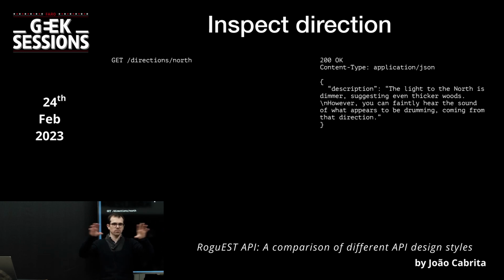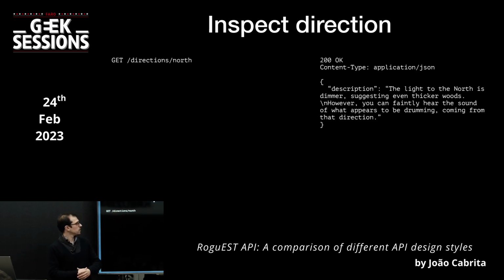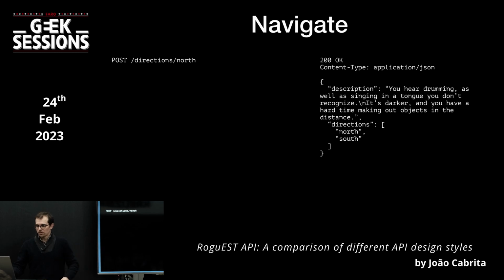If you're writing a front-end application, you can just take the description, format it nicely for the user, and display it. So you can inspect the direction, and it gives you some more information about that. To navigate, you do, surprise, surprise, POST /directions/north, or whatever the ID is.